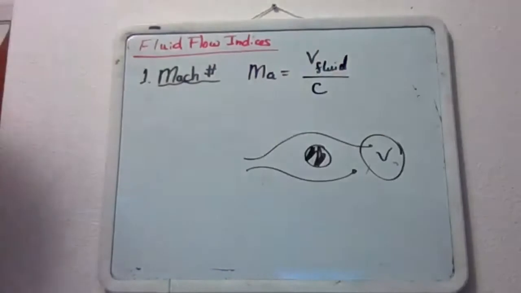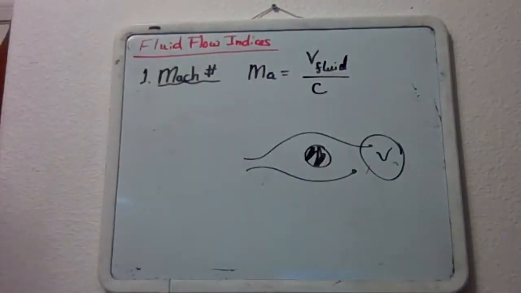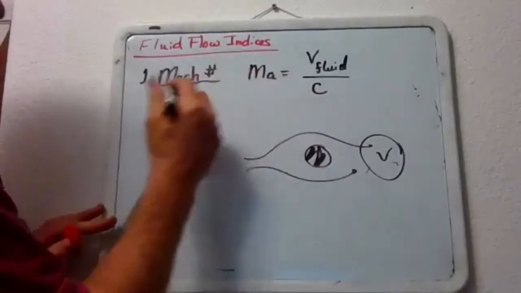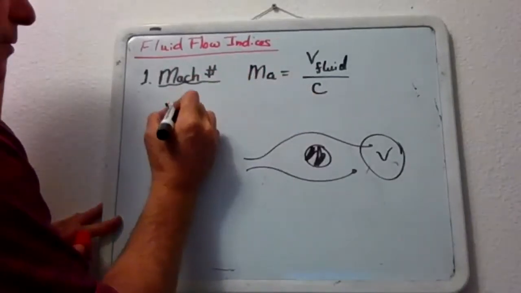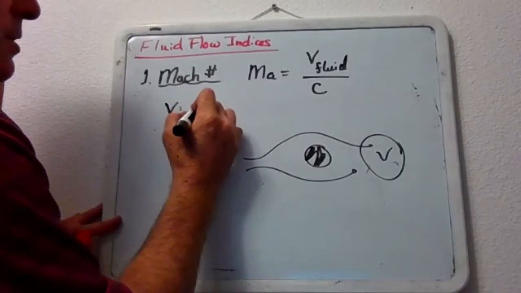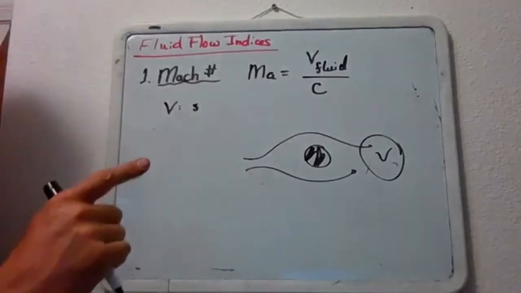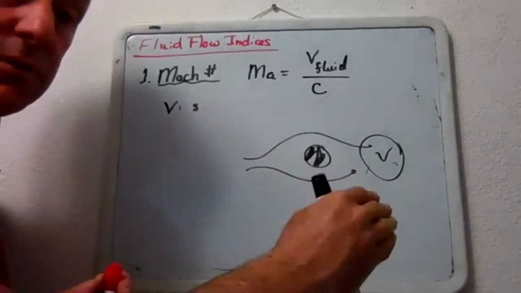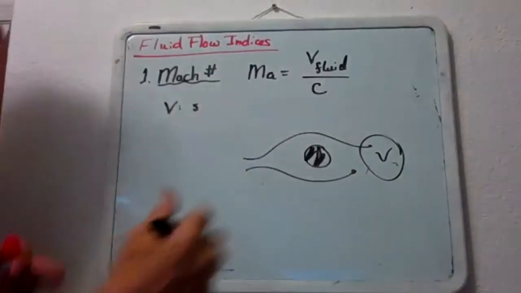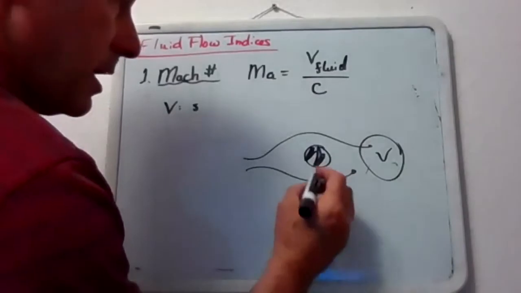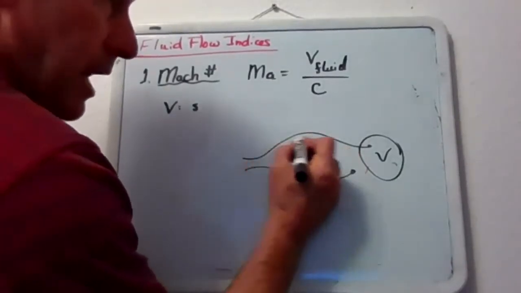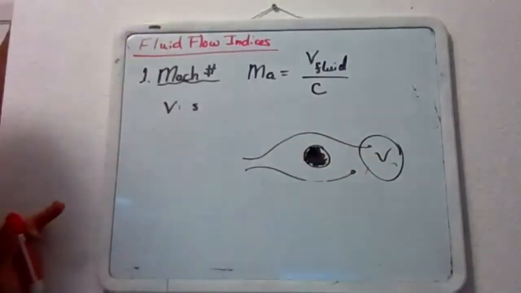All right, very simple equation. Let me define those two terms and that'll be good enough. We're going to do a comparison of v of the fluid. By the way, the Mach number is usually used for a situation where there is flow of a fluid relative to an object. For example, if this were a flagpole and there was air flowing around it, we could calculate the Mach number.